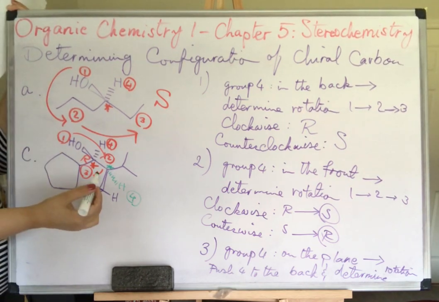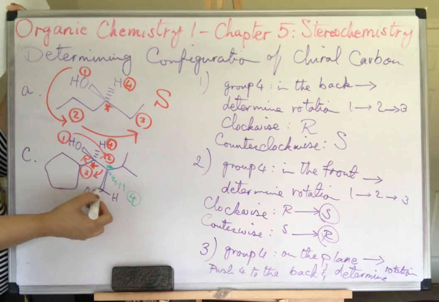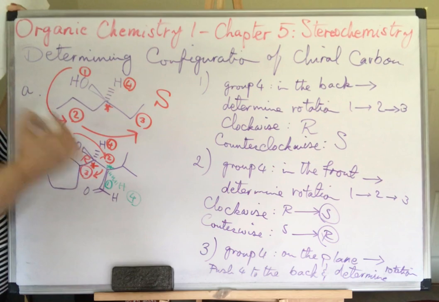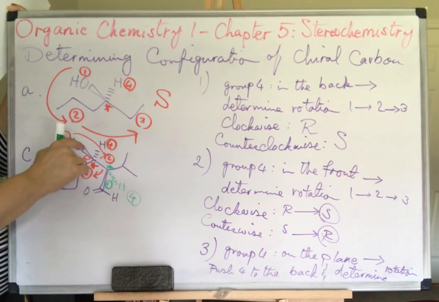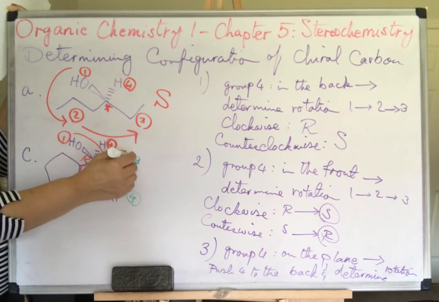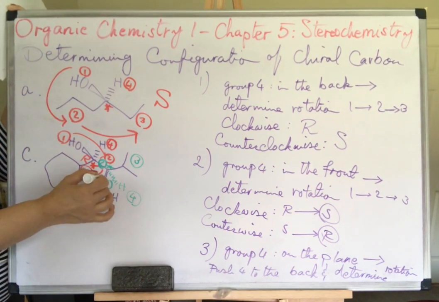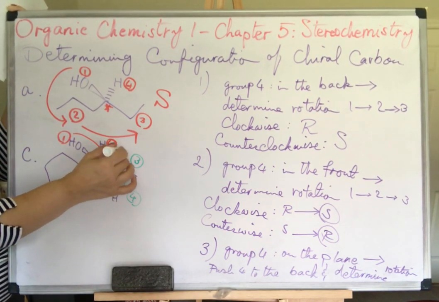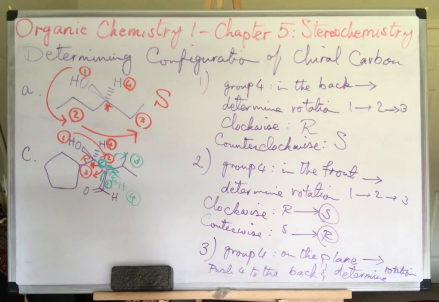For determining groups 1, 2, and 3, we have 1 and 1. 2 oxygens, 1 oxygen. So this side is group number 1. Carbon, carbon, oxygen, carbons. So this side is group 2 and this side is group 3. Hydrogen is still in the back, so 1 to 2, 2 to 3 makes it R again. So both of the chiral carbons here are R.